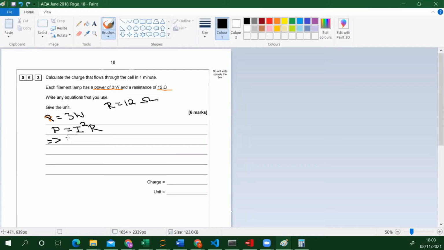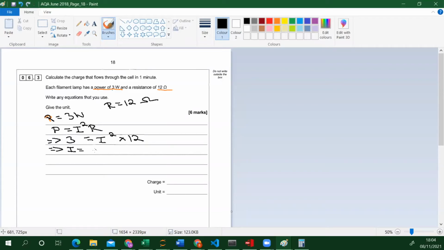So let's put the numbers in. Substitute: 3 equals, we don't know the current, so leave that, I squared times 12. Now this equals and an arrow means it carries on from the previous line. That's a maths symbol, it's good to know.